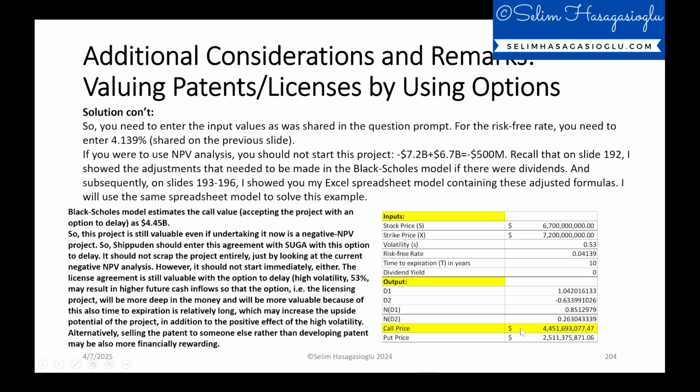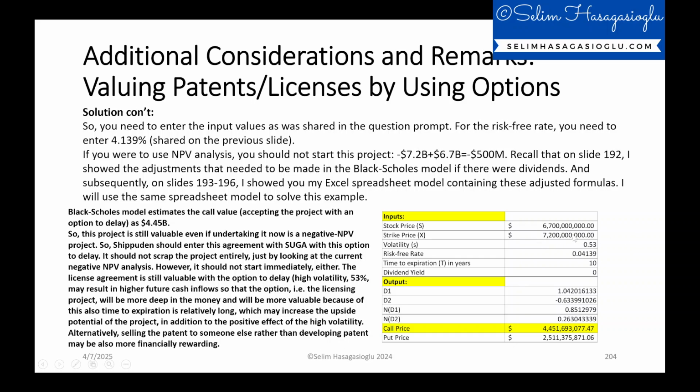Remember, actually, the value of the project will be equal to the call price, because as you will see, if your future cash flows have a sizable value, you can start this project by paying this $7.2 billion.